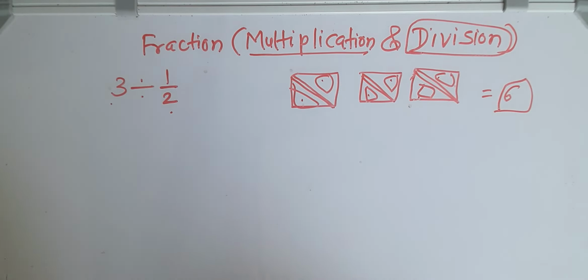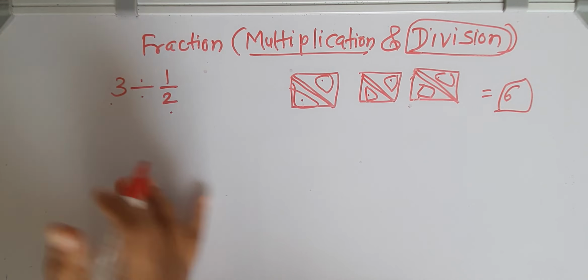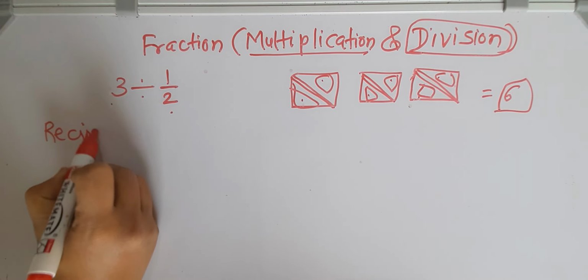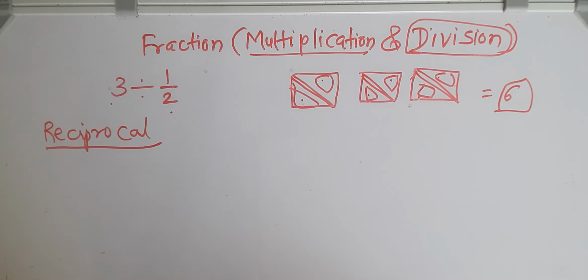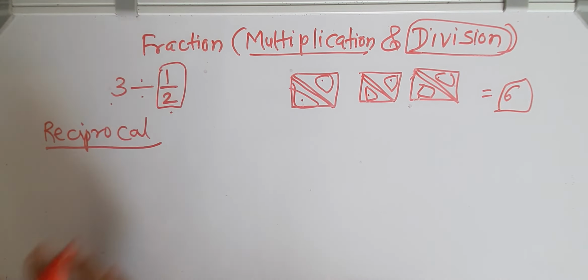How? Let's understand. Whenever we have a problem in which we need to divide a whole number by a fraction, what we have to do is find the reciprocal. Reciprocal of what? Reciprocal of the divisor. This is the divisor, the number with which we are dividing.